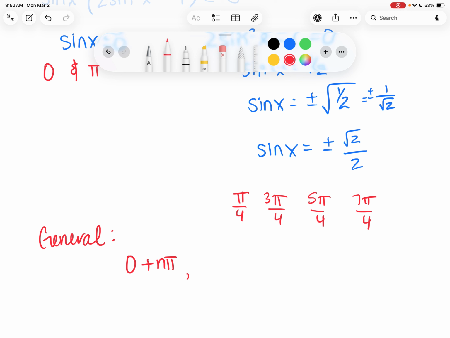However, what do I do to get from pi to 5 pi over 4? Add pi over 4, which is 5 pi over 4.